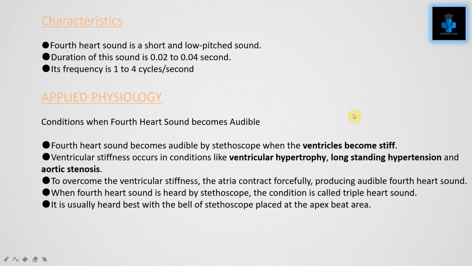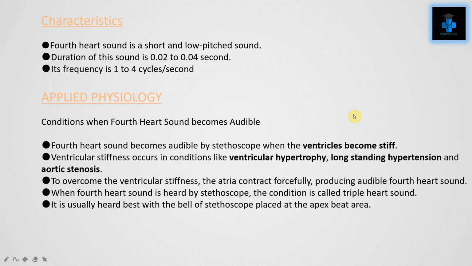Applied physiology. Conditions when fourth heart sound becomes audible. Fourth heart sound becomes audible by stethoscope when the ventricles become stiff. Ventricular stiffness occurs in conditions like ventricular hypertrophy, long-standing hypertension, and also in aortic stenosis.